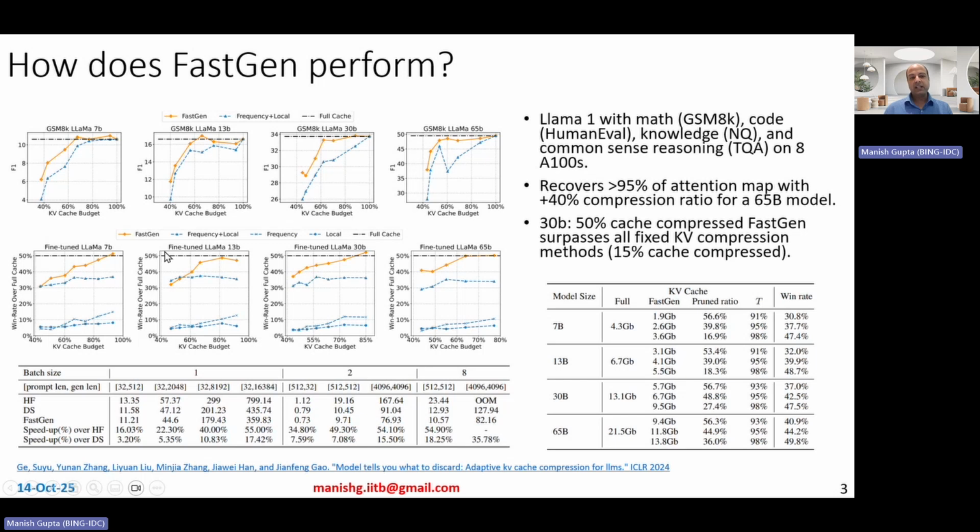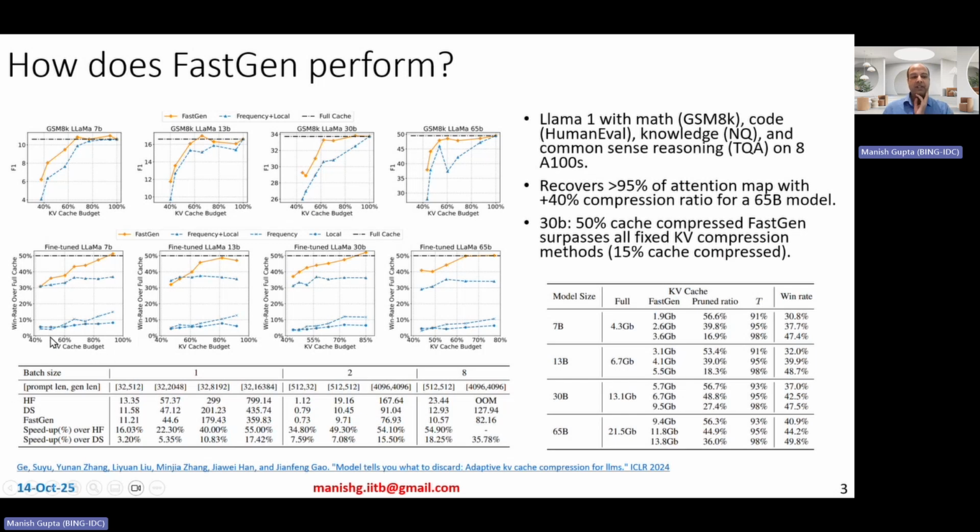Full cache is clearly the best. Okay, the y-axis here is slightly different. It is the win rate over full cache. If things work perfectly well, then the win rate over full cache will just be 50%. So that's basically perfect results in that sense, right? Now the x-axis remains the same.